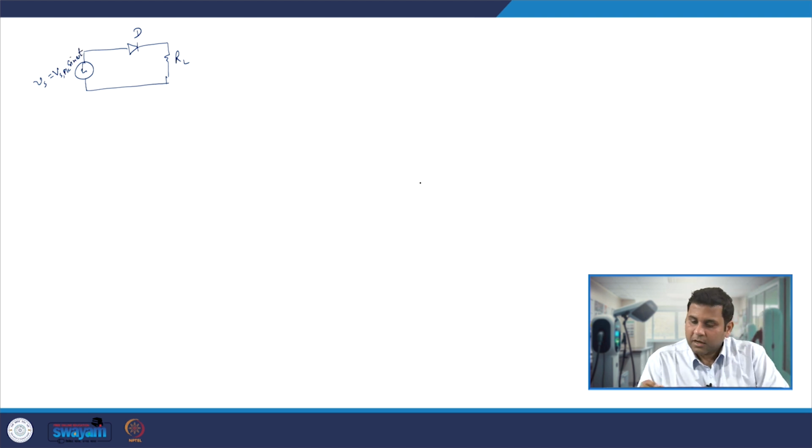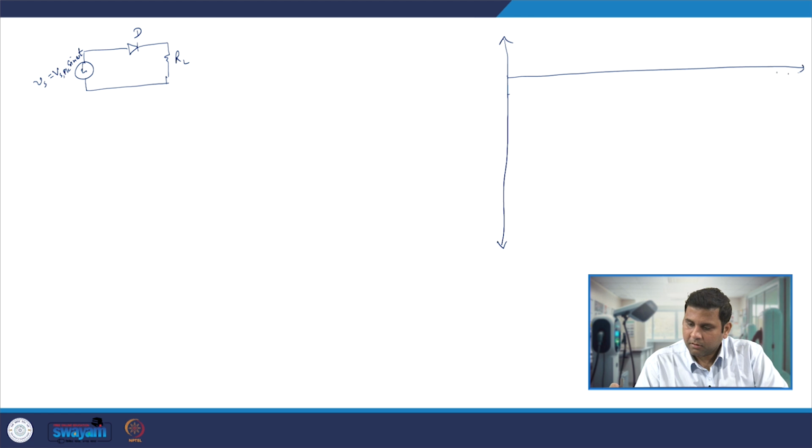Now let us see how the waveform looks. Since we have a sinusoidal voltage source, let me draw the sinusoidal voltage.